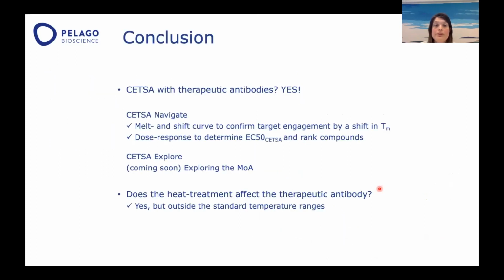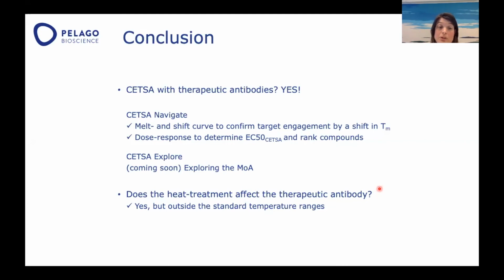So to conclude, you can use CETSA to confirm target engagement of therapeutic antibodies, in the CETSA Navigate format, doing a melt and shift curve experiment to confirm that. You can also do a dose response determination to rank the different antibodies versus each other.